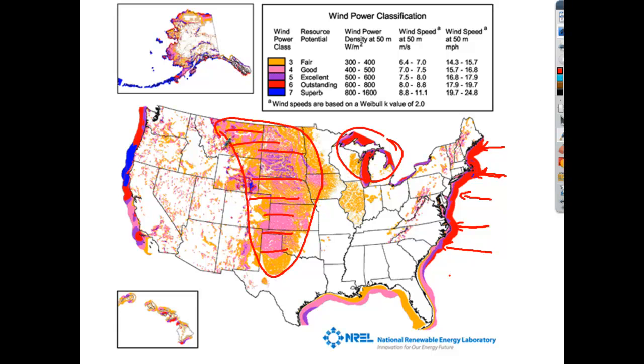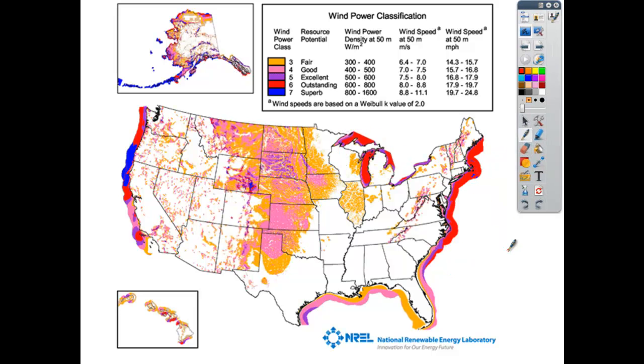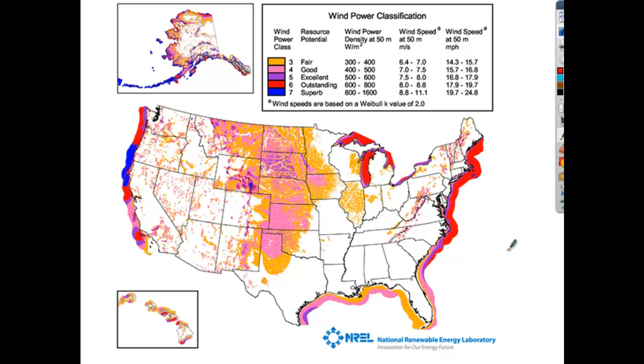Now, there are problems with having wind in the central part of our country because in order for the electricity to get to where we need it, it's very difficult. Let's face it. East Coast of the United States here, it's where most of our population is. West Coast over here, a large amount of our population. This area, not so much population. So if you're going to create a lot of wind and generate a lot of electricity of wind in this area, you've got to create the infrastructure to bring it east and bring it west.